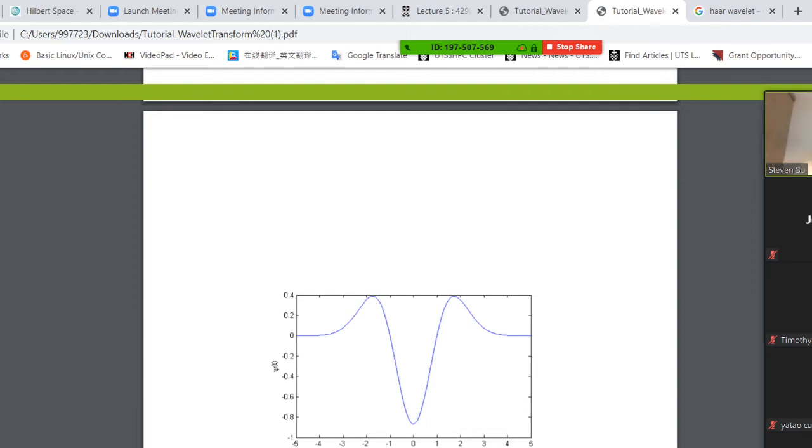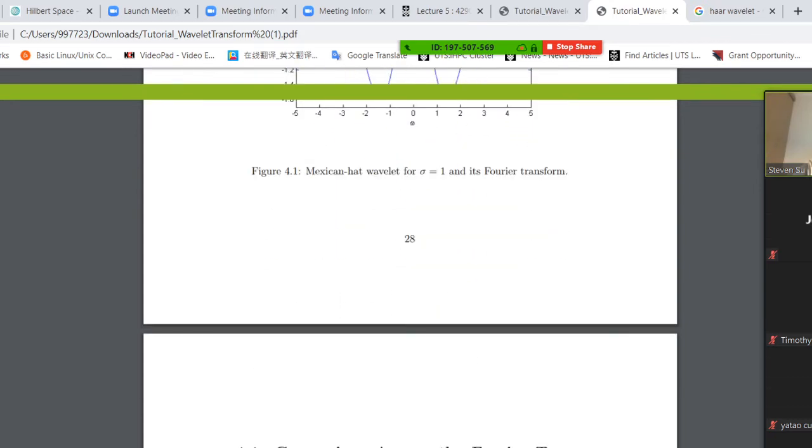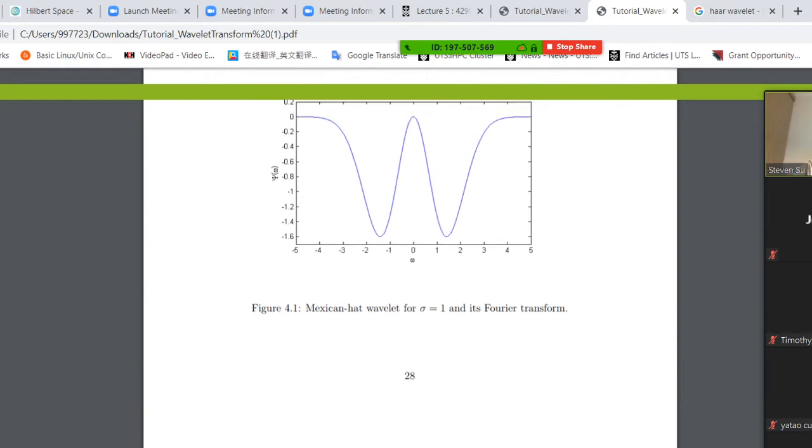So it has a center frequency. If there's a band, you have a center. We are more interested in the center frequency. When you use a wavelet, you need to know its center frequency. For example, this one is not only one frequency, it's a frequency band, but it has a center in the middle, called the center frequency. We will use an example to explain later.